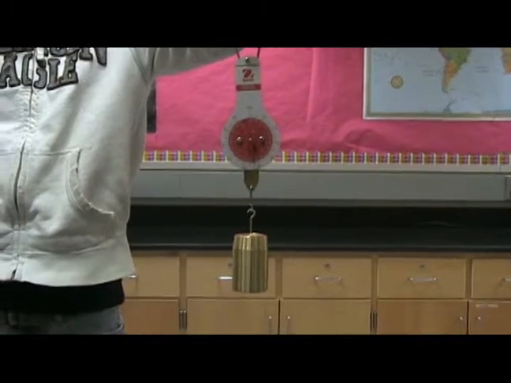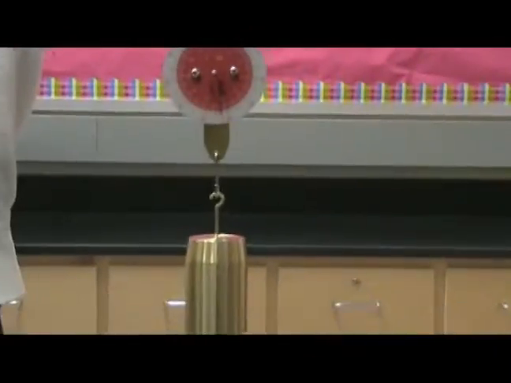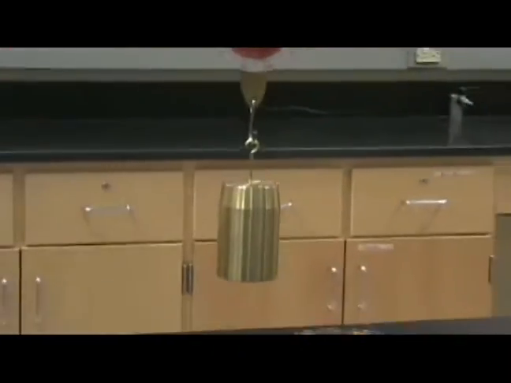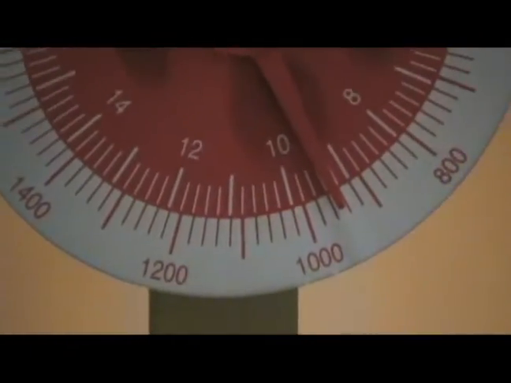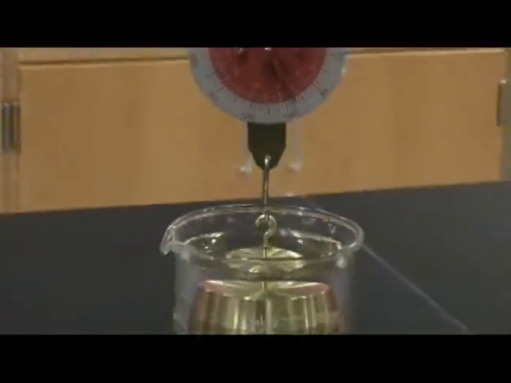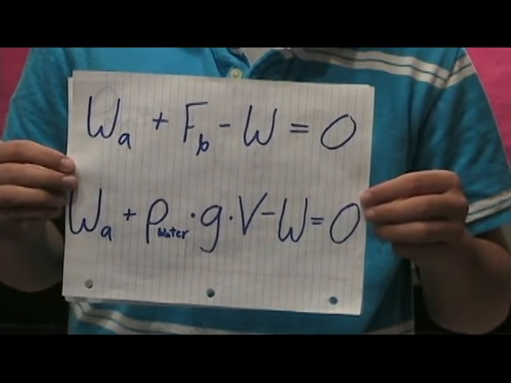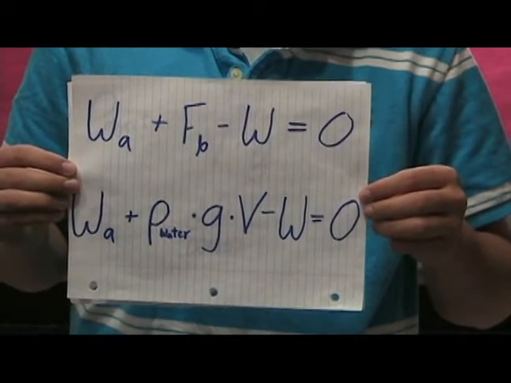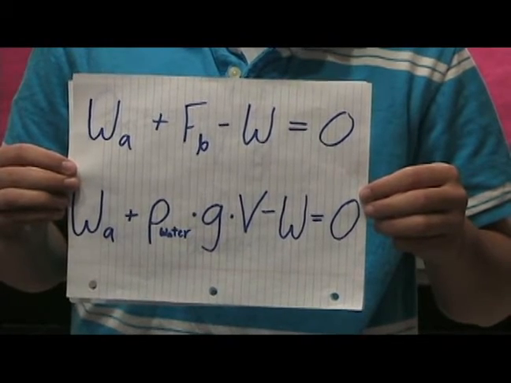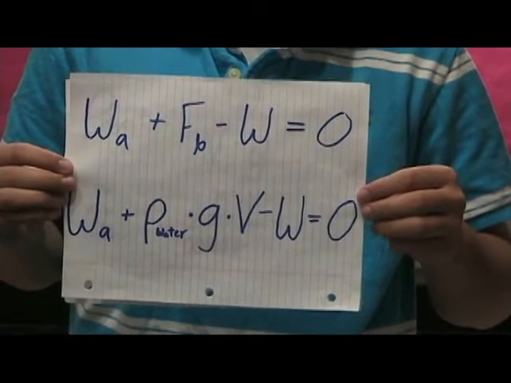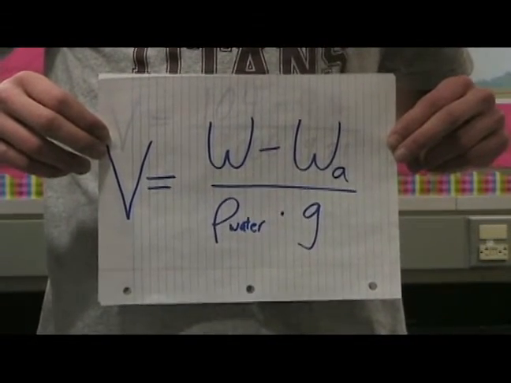As you can see, the weight of the object is about 10.4 newtons. When we submerge it in the water, its apparent weight becomes about 9.4 newtons. When we add the apparent weight and the buoyant force and the actual weight, the sum of the forces equals 0. So if we substitute in the formula for the buoyant force, we can rearrange the equation to solve for the volume of the object.